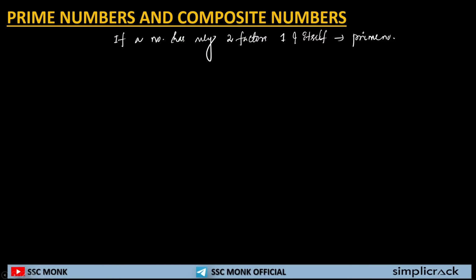Now what is a factor? If I have to put it in a simpler language, factor means when two or more numbers are multiplied, you get the final number.